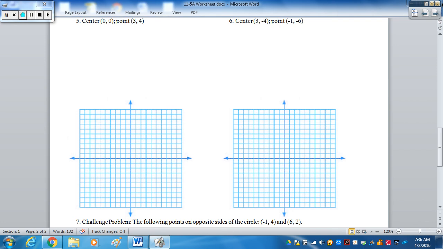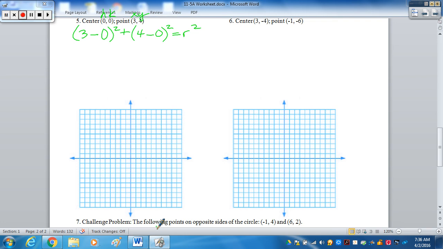So you can use your circle equation. Obviously, this is the center, HK. And this would be your x and your y value, okay? So if I use my circle equation, it is x minus h squared plus y minus k squared, which will equal the radius squared, okay?